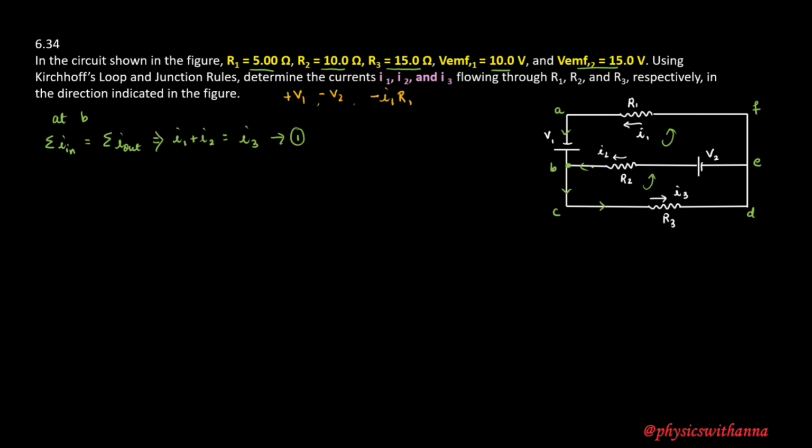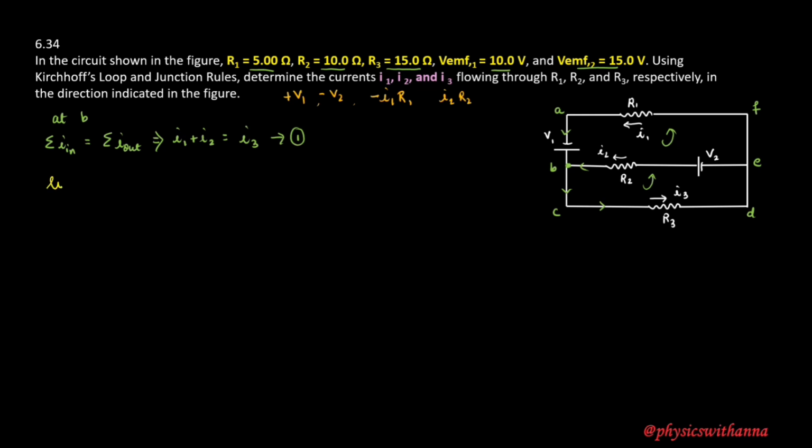Whereas if we go opposite to the direction of current, like while going from B to E, if I'm going opposite to current I2, the potential drop across R2 will be positive I2 R2. So this is how we will apply Kirchhoff loop rule in both of the loops over here.